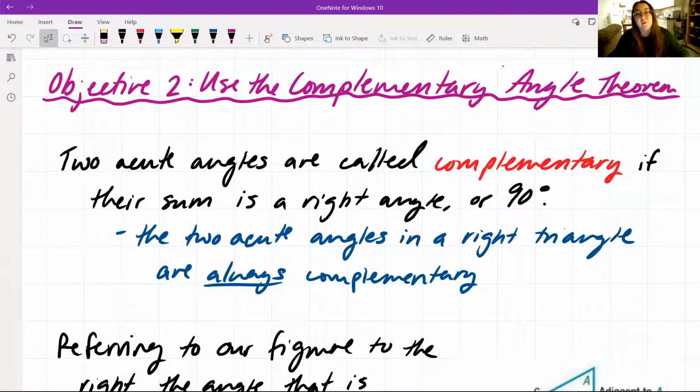So whenever we have a right triangle, we can also assume that our other 2 angles will then be complementary. So they will add up to 90 degrees.